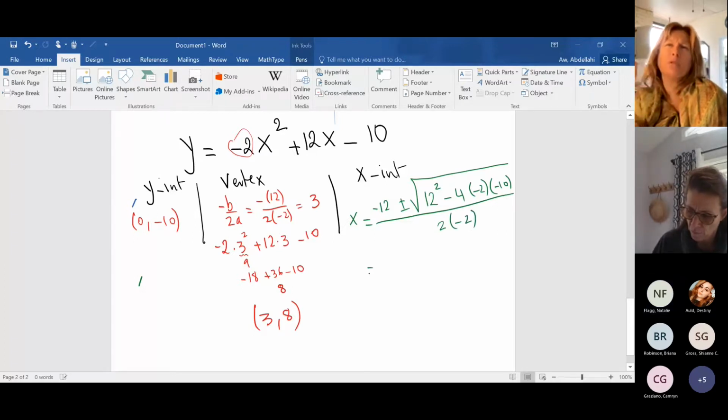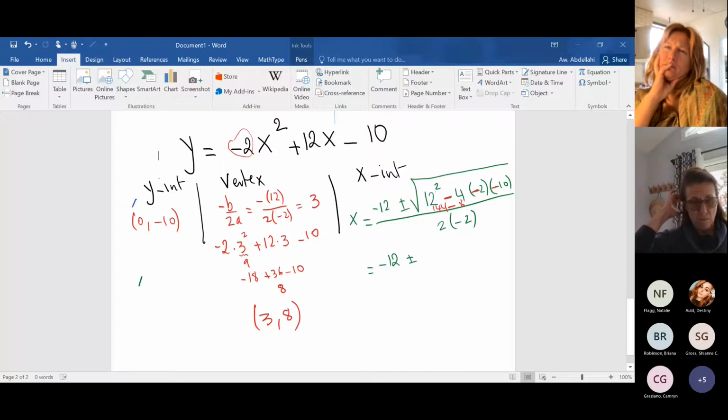Let's simplify: negative 12 plus or minus the square root of 12 squared, which is 144, minus 4 times 2 times 10, which is 80. 144 minus 80 is 64. And the square root of 64 is 8, all over negative 4.